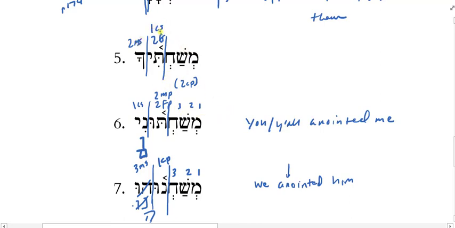Let's translate with 1CS. I anointed you. Good. If it's 2FS, I can hardly read my handwriting here. It looks like a theta in Greek. Sorry. 2FS. Then it's you, woman, anointed you, man, a male you. That sounds awkward, doesn't it?